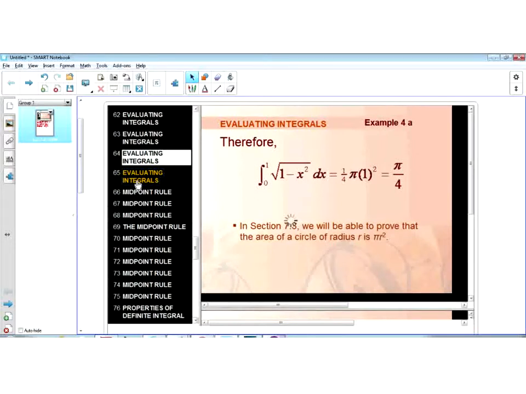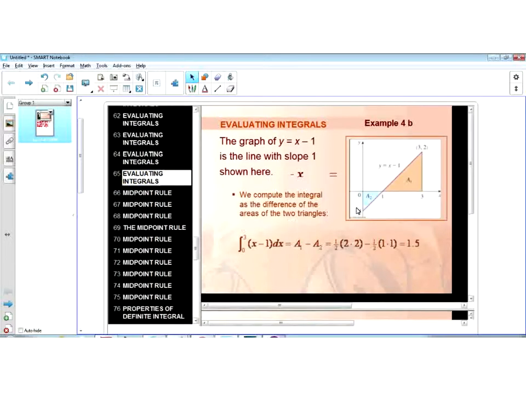And then for the line problem, I'll show you a graph. The area of the two triangles would be area 1, which is the area above the x-axis, minus area 2, the area below the x-axis. Area 1 would be 1/2 the base, which is 2, times the height.